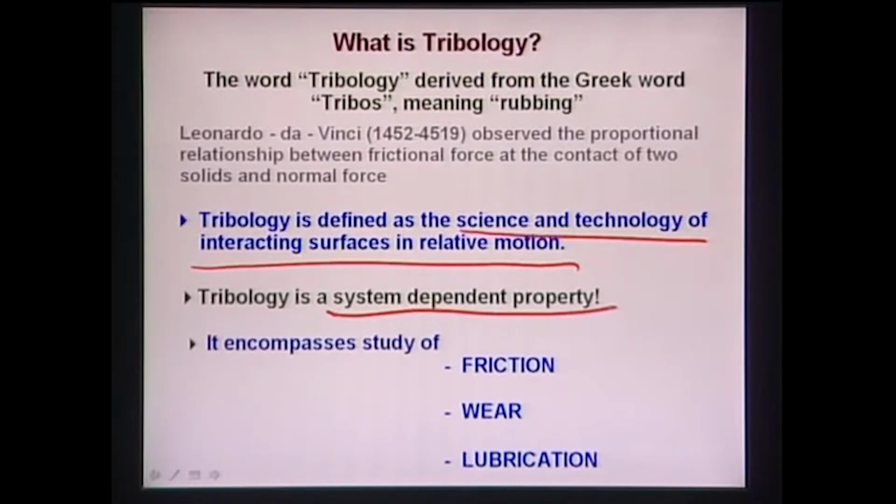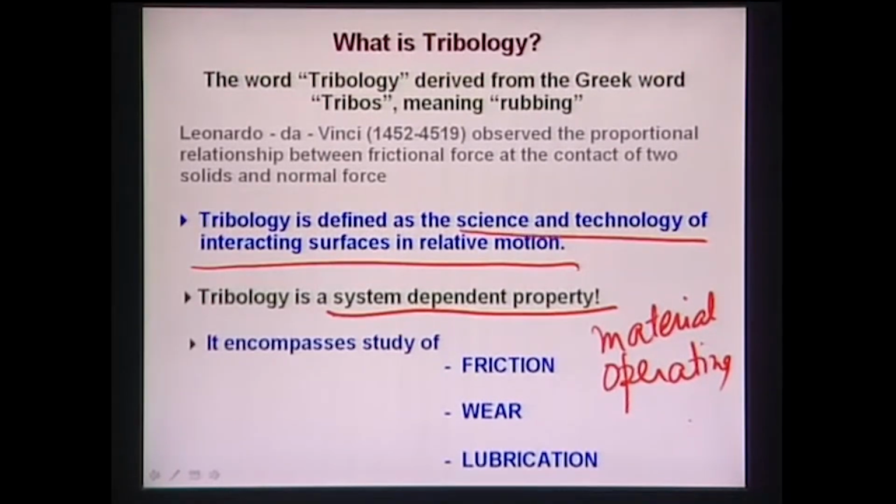An important thing about tribology is that it is a system dependent property. System dependent property means tribological properties depend on the material parameters and at the same time on the operating parameters. Now if somebody asks you what is the coefficient of friction of steel, it does not mean anything, because the coefficient of friction of steel against steel would be different from the coefficient of friction of steel against alumina or against zirconia.